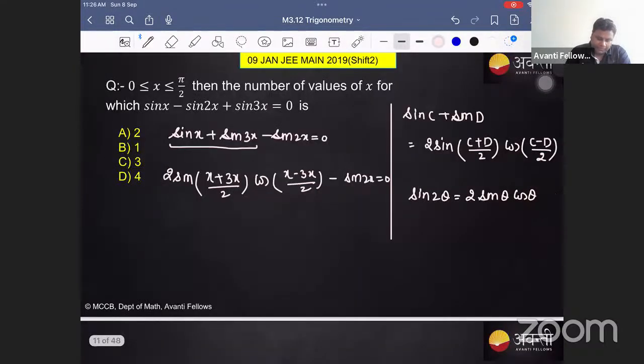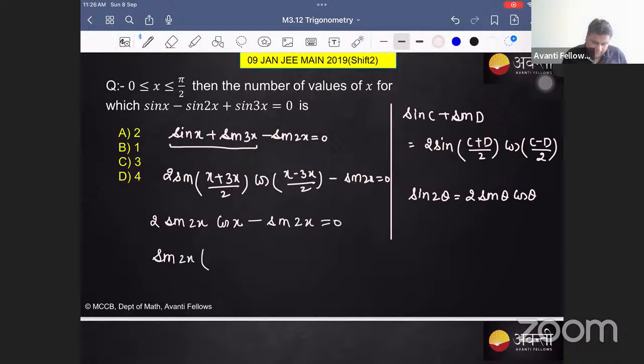Yes or no? So now here it comes 2 sin 2x cos x. Let's keep it sin 2x only because sin 2x is coming common from there. So if you take sin 2x common, you get 2 cos x minus 1 equals 0.